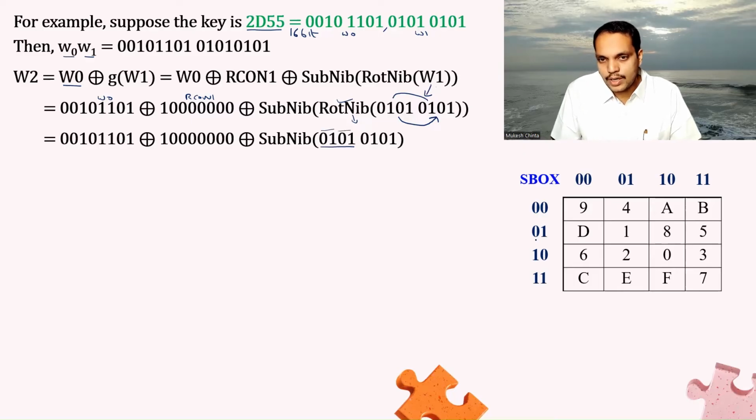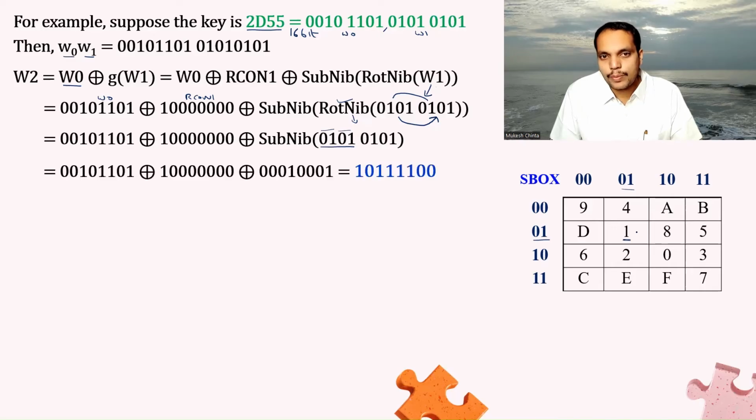So 01 is here and 01 is here, so you have to replace it with the value 1, that is 0001. Similarly, this is also subjected to the substitute nibble operation. Once again, because these two are identical, you get the same value of 1, so 0001.